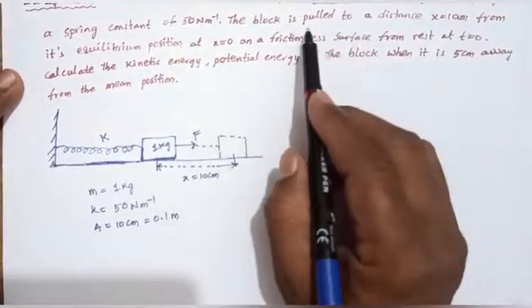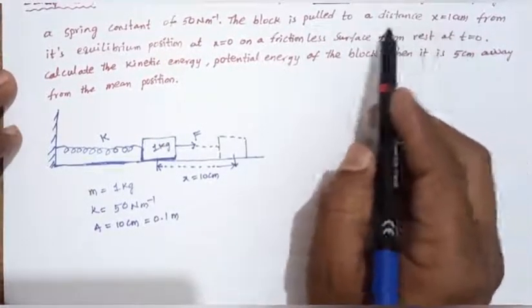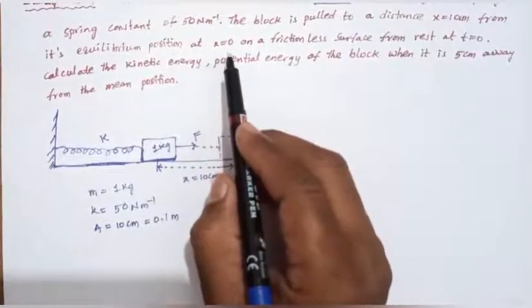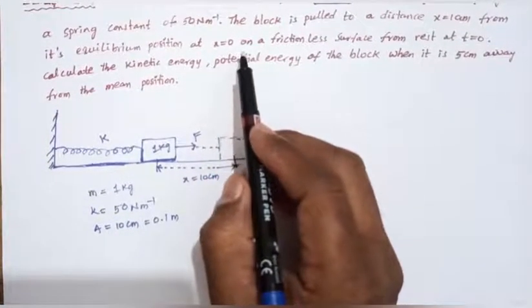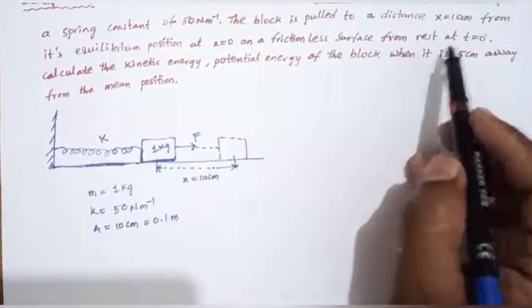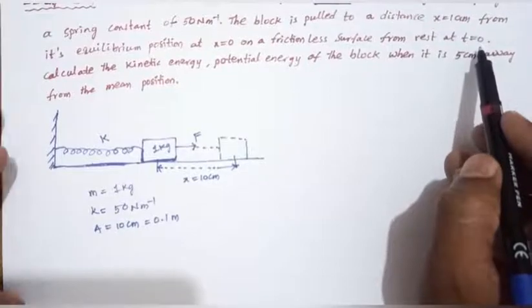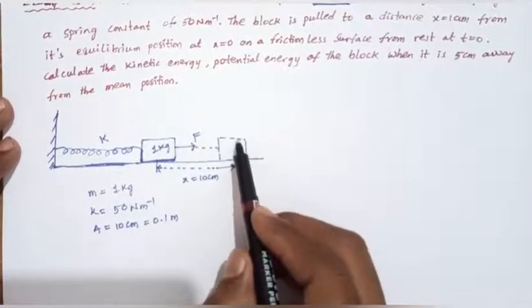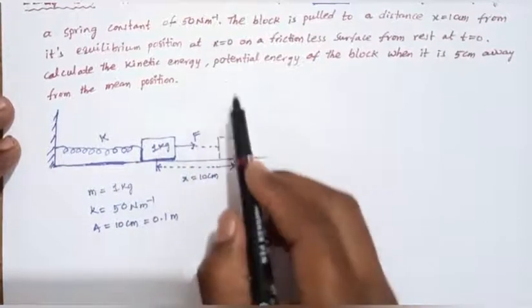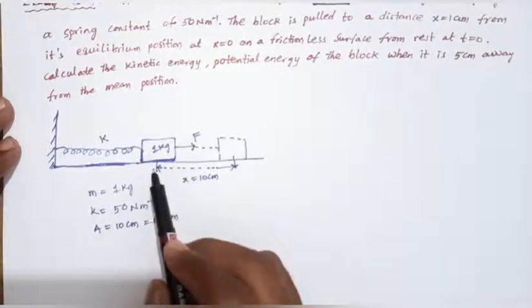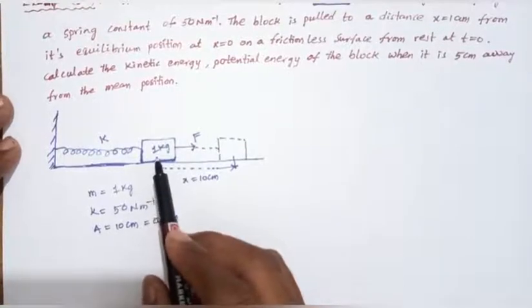It starts from rest at t equals 0, at x equals 0 on a frictionless surface. So at t equals 0, x equals 0, that is the equilibrium position.